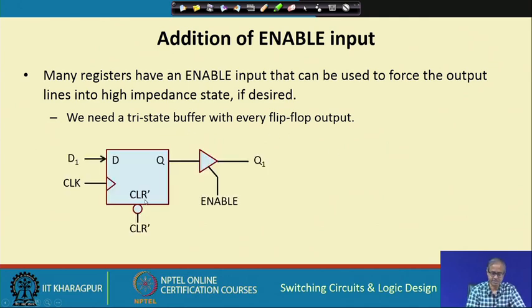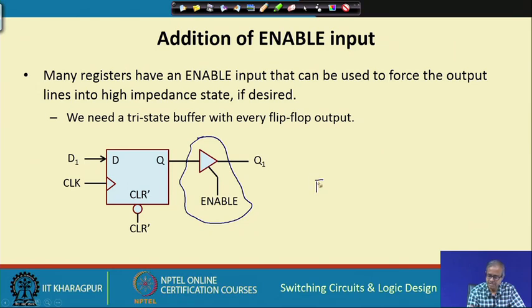So, I am showing the schematic here for one flip flop again. Suppose I have one flip flop of the register, the output instead of directly sending to Q1, here we are using a tri-state buffer.